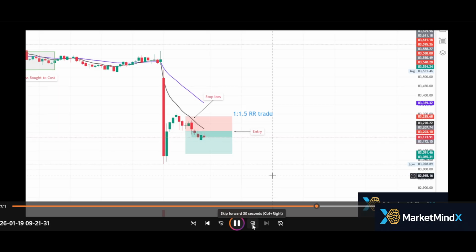The next expectation of ours was to close below this green candle.